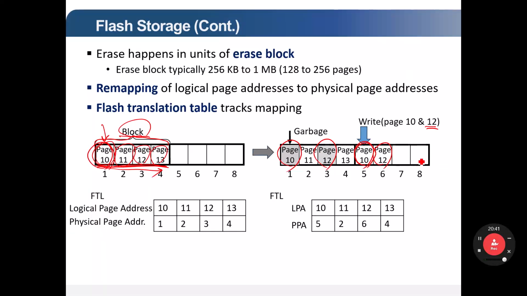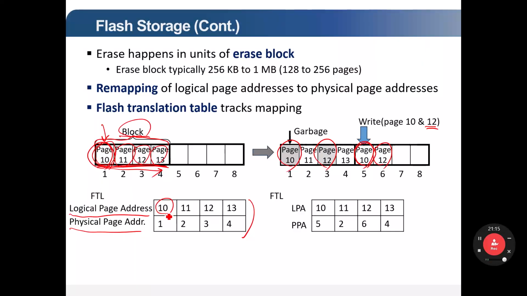So the actual location can change depending on whether the pages have been updated or not. The SSD needs to manage a mapping table to keep track of the physical location of each page, so it manages logical page addresses and physical page addresses. Initially, when pages 10 and 11 are written, the SSD has this mapping table.